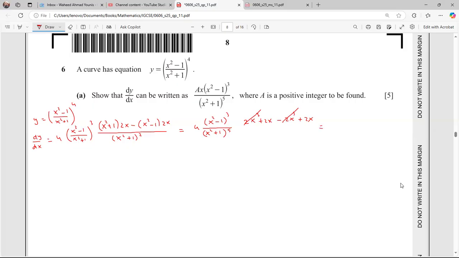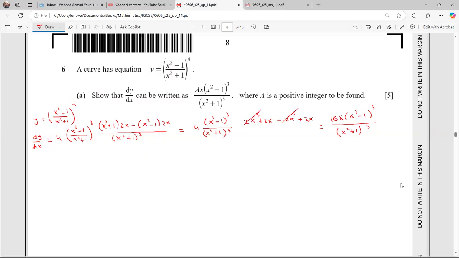So my final answer is going to be 16 and (x square minus 1) power 3 over (x square plus 1) power 5. And sorry, this is 4x, so this is 16x here. Okay, so this is my final answer.